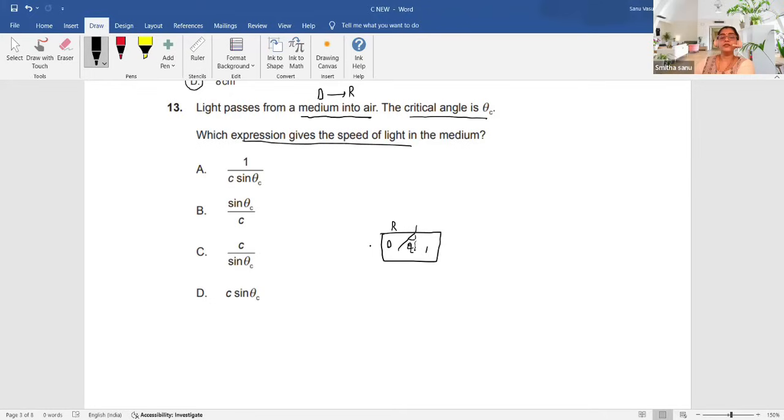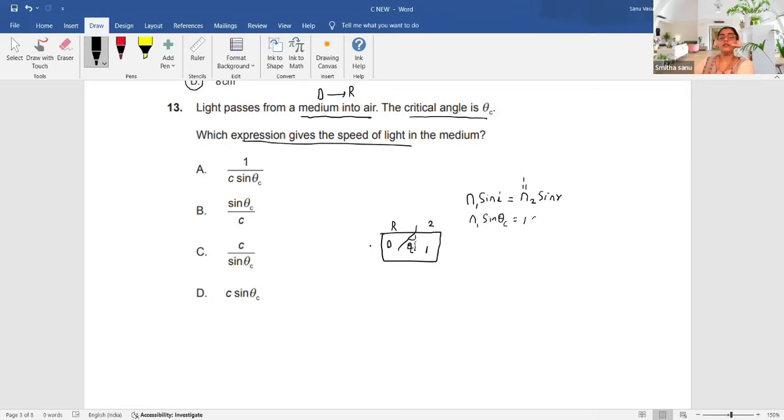If this is first medium and this is second medium, Snell's law tells you n1 sine of angle of incidence is equal to n2 times sine of angle of refraction. N1 is something we don't know. Sine of theta critical is the angle of incidence. N2 is air, so refractive index of air is 1.